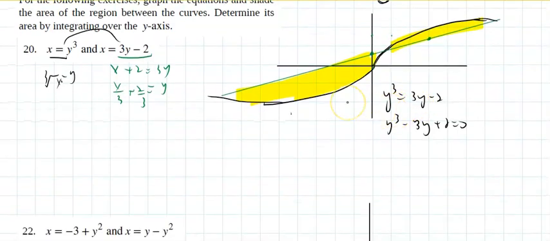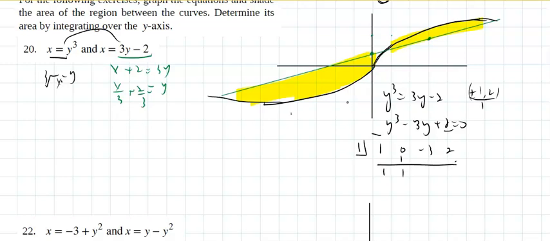That's okay. Possible factors are plus or minus 1 and 2 divided by plus or minus 1, which is plus or minus 1 and 2. 1 works. If I throw a 1 in there: 1, 0, negative 3, 2; 1, 1, 1, 1, negative 2, negative 2, 0. That is y squared plus y minus 2.